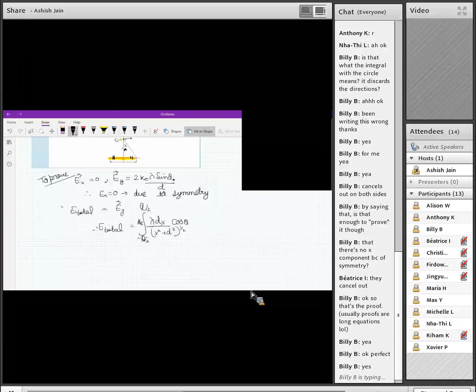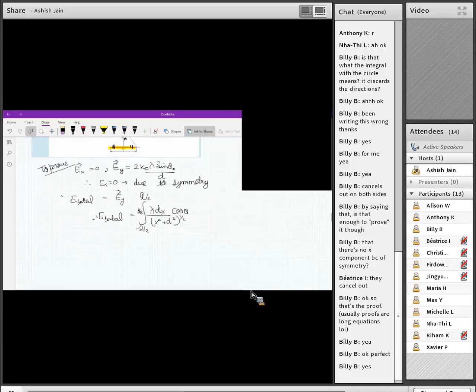Minus L by 2 to positive L by 2. Let me write it better. Right, then I can do this. I can take 2 instead of. I can substitute for cos theta. That will be d by x squared plus.